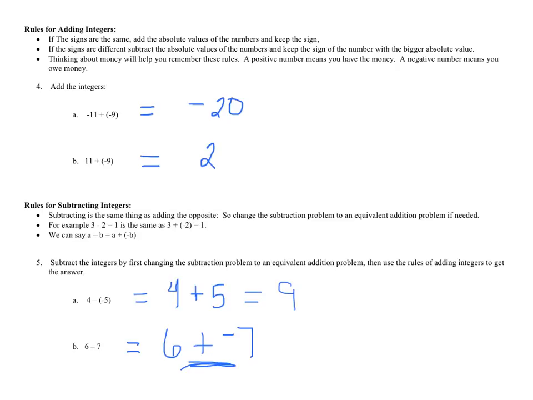Now I have an addition problem with opposite signed numbers, so I really want to subtract the numbers. 7 minus 6 is 1. I'm going to then keep the sign of the 7 because it's larger, so we're saying that 6 plus a negative 7 is negative 1, which should make sense because it's like saying I had $6, I owe $7, so I'm left over owing $1 still.